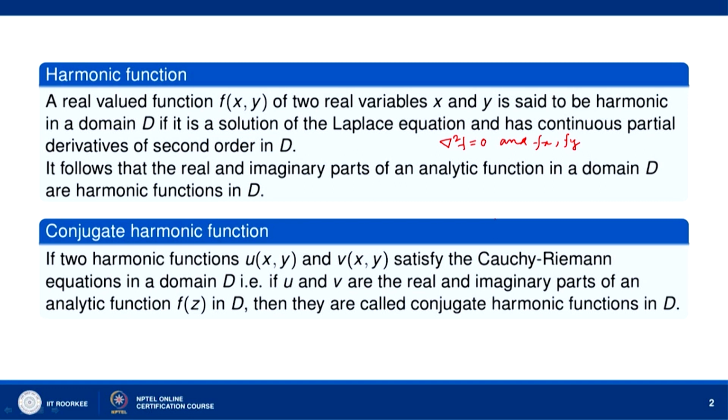It follows that real and imaginary parts of an analytic function in a domain D are harmonic functions in D. In our previous lecture we have seen that if you take an analytic function f(z) equal to u plus i v, where z is equal to x plus i y, u and v are in general functions of x and y, and they satisfy del square u equal to 0 and del square v equal to 0, that is, u and v are solutions of Laplace equation, and moreover u and v have continuous second order partial derivatives.